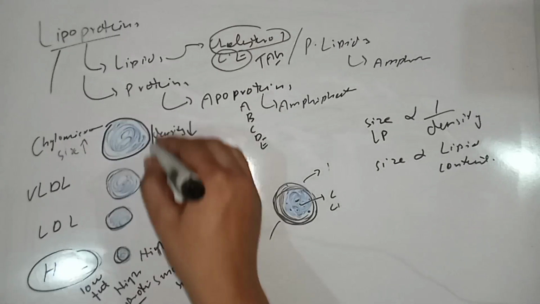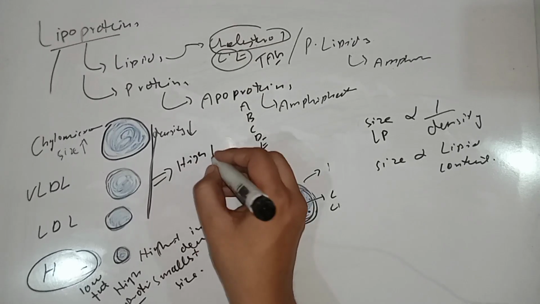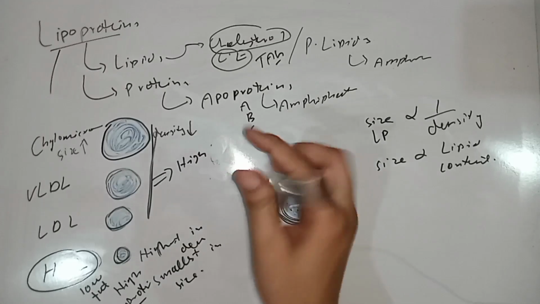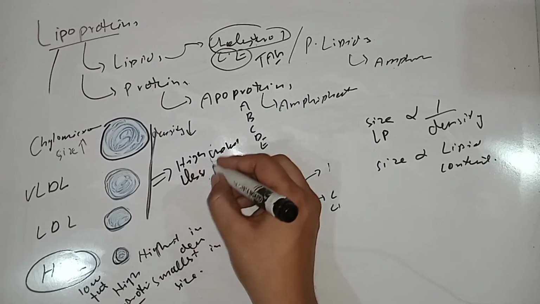While these three structures have high fat, or high cholesterol, and less protein.